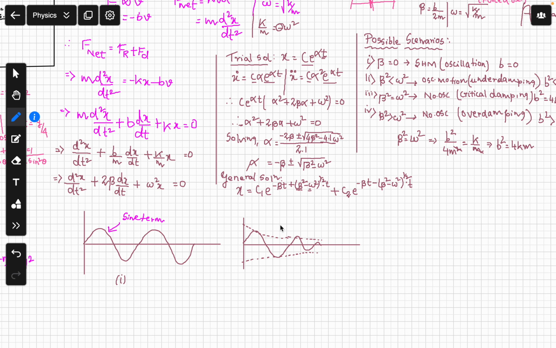Here we also have the sine term, but the amplitude is reducing. That means there is also a term which is called the modulating term. A modulating term means we are going to have an exponential term.